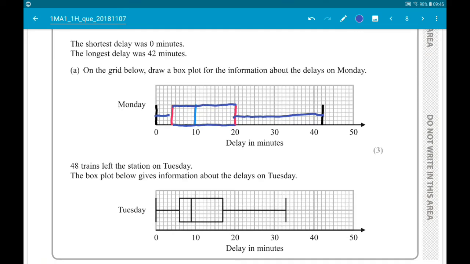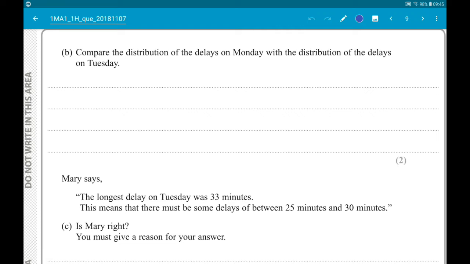Okay, next up, 48 trains left the station on Tuesday. The box plot below gives information about the delays on Tuesday. So part B wants us to compare the distributions of the delays on Monday with the distribution of delays on Tuesday. So that's 2 marks.